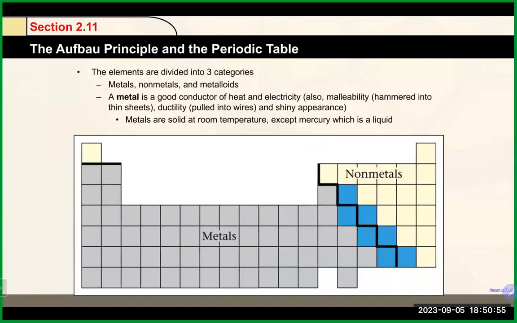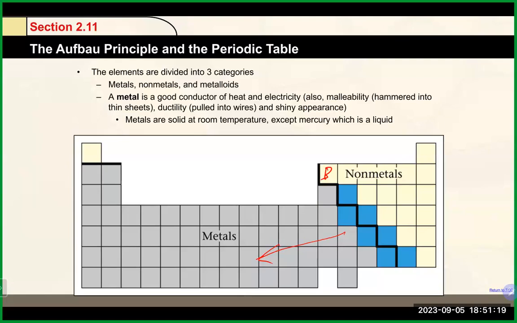Now, the periodic table is broken up into basically 3 parts. There are metals, nonmetals, and metalloids, sometimes referred to as semi-metals. On most periodic tables, I think they drew it in by hand there, you'll see some type of staircase happening over here by boron. And to the left of the staircase are metals, which are good conductors of heat and electricity.